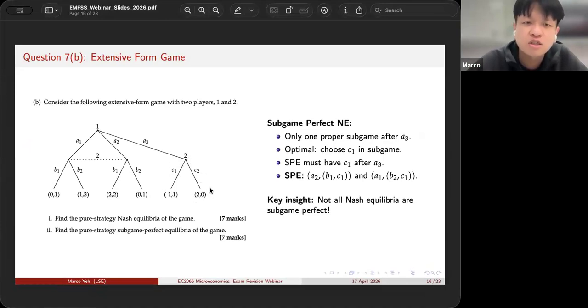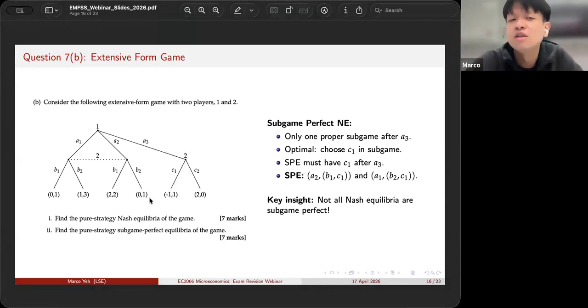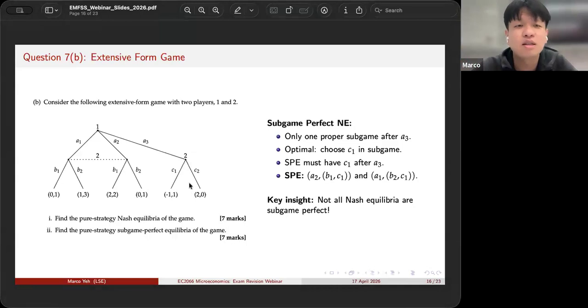With subgame perfection, I need to make sure player 2 is choosing C1, by the definition of the equilibrium concept. I force player 2 to play C1 because it's more rational. The second subgame is actually the entire game. So I need to make sure that in the entire game the players are playing a Nash equilibrium.